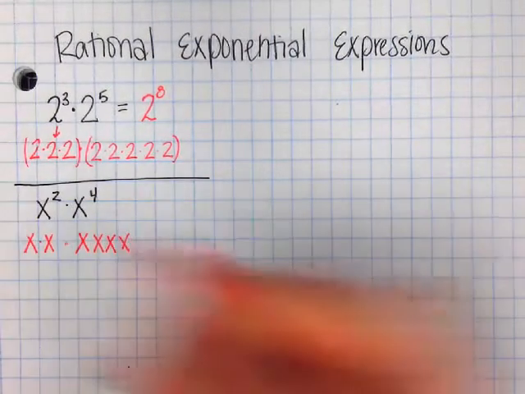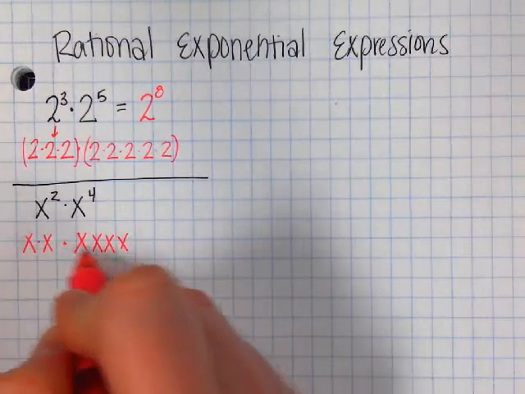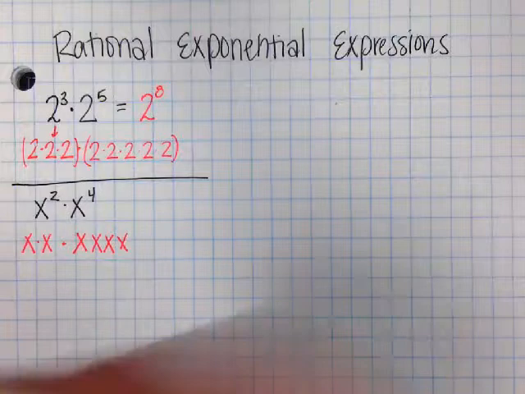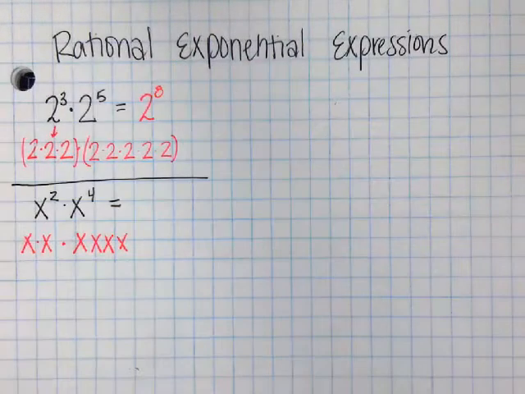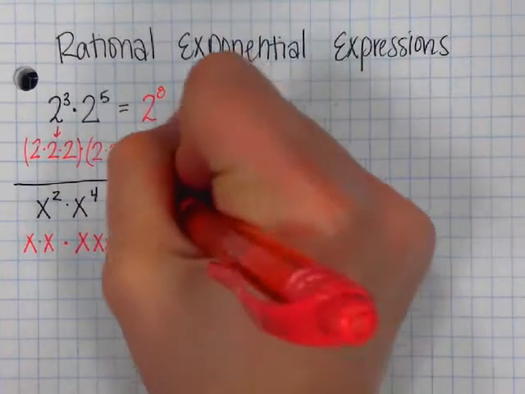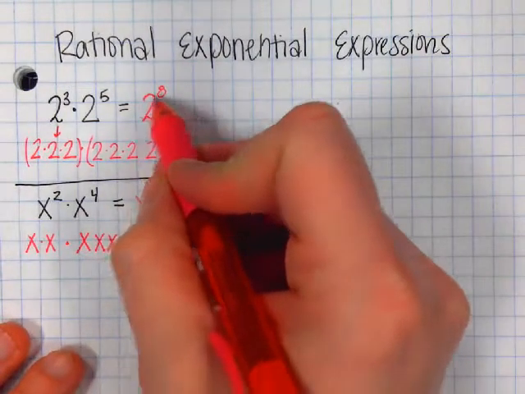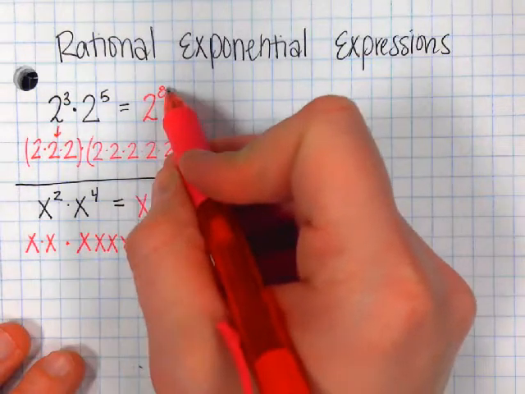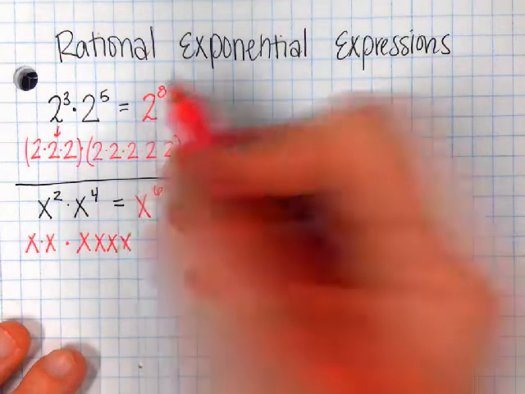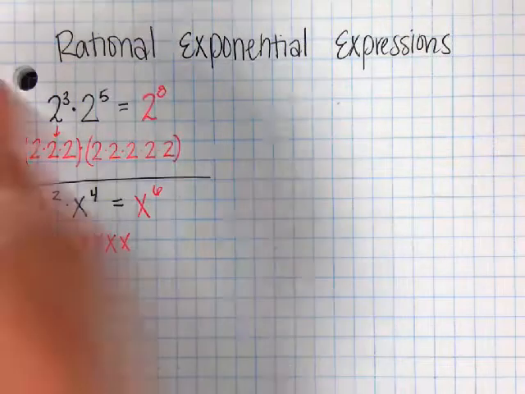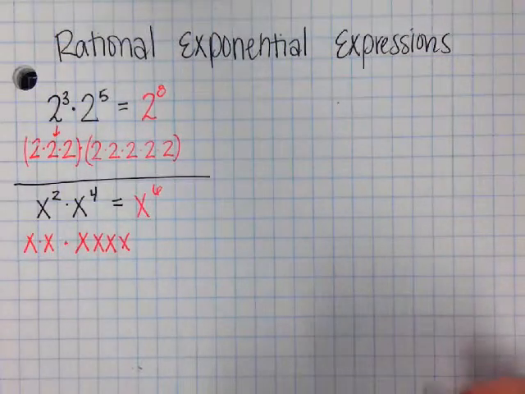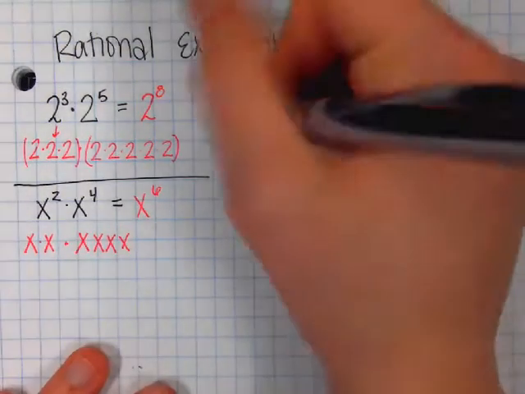So in total, you have 1, 2, 3, 4, 5, 6. So you have x to the 6th. That's the simplified form. I can't do anything else with it. Yes, with a number you could actually give a value, but we're just going to leave it, especially if it says just simplify.